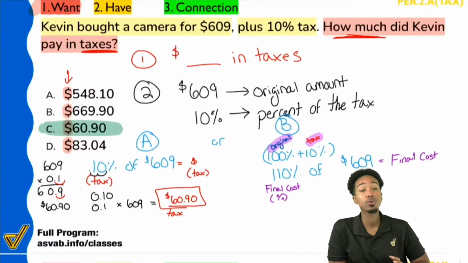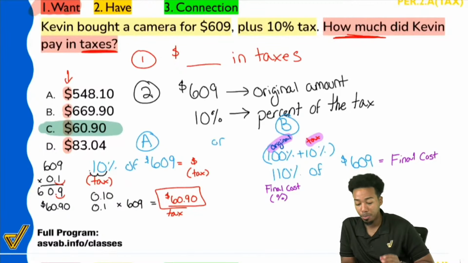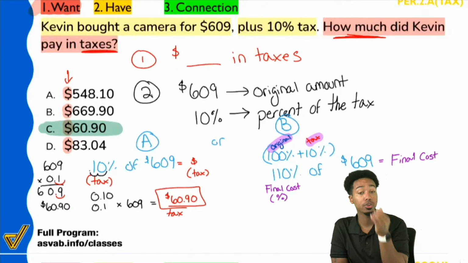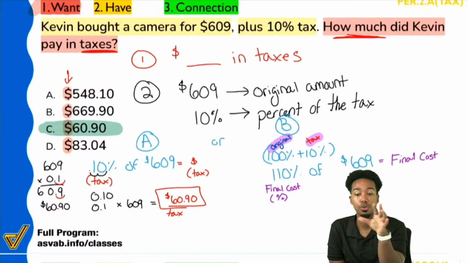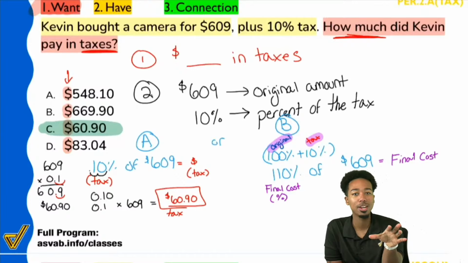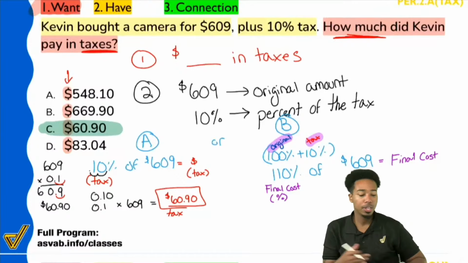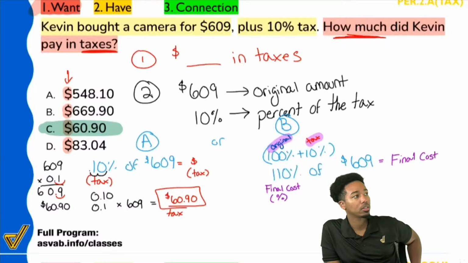So now I'm going to present you with a problem that I want you to try on your own. But let me just refresh with you really quick. If I'm trying to find the final amount after applying a tax, am I adding or subtracting from 100%?